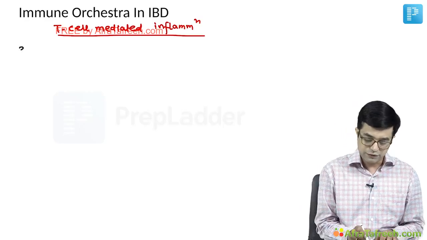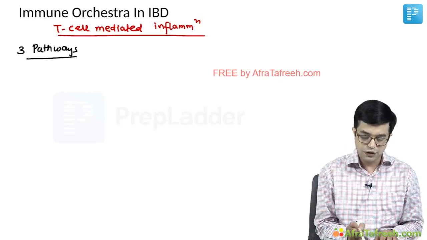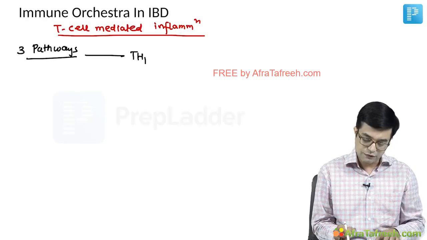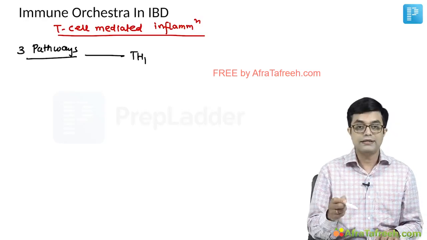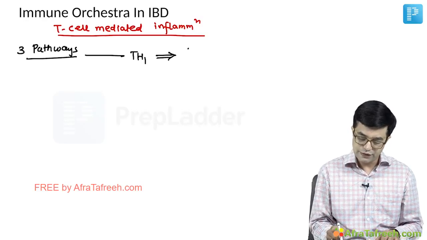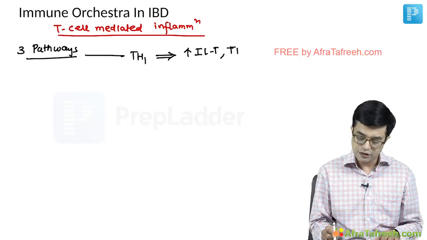There are three pathways which have been found to be implicated and which produce the immune orchestra. The first pathway is the Th1 pathway, also called the helper T cell 1 pathway. This pathway is associated with increased production of interleukin 1 as well as tumor necrosis factor alpha and interferon gamma.